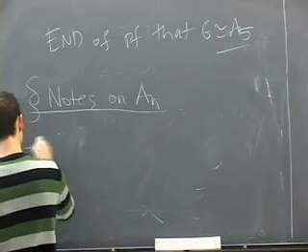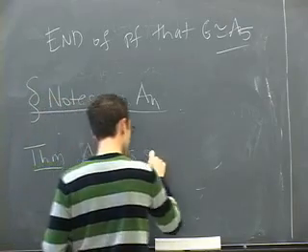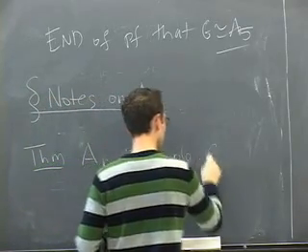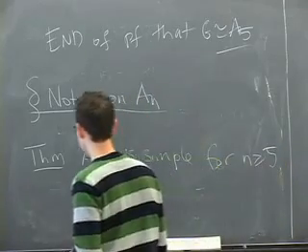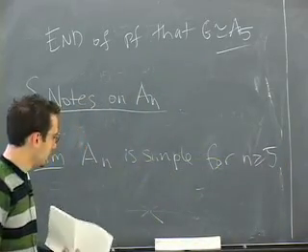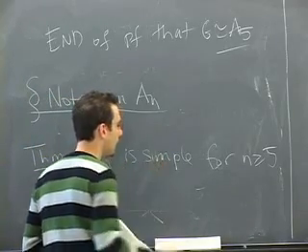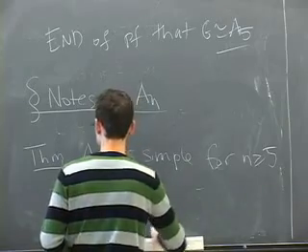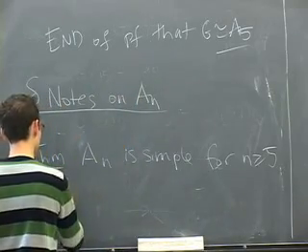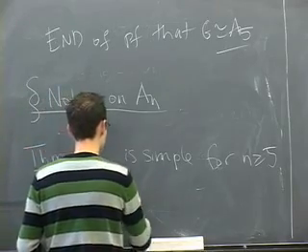So, theorem: An is simple for n greater than or equal to 5. There are a number of different ways of doing this. One way is very computational. I'm going to give you a hint at a different method. The proof I'm going to suggest is by induction.